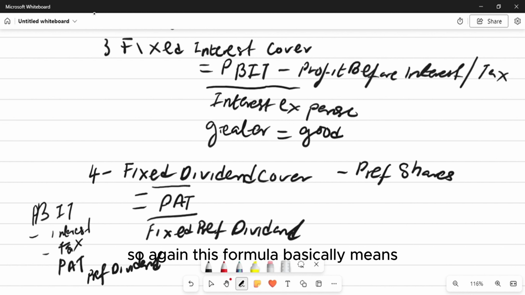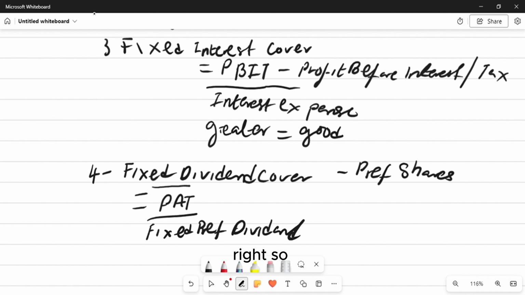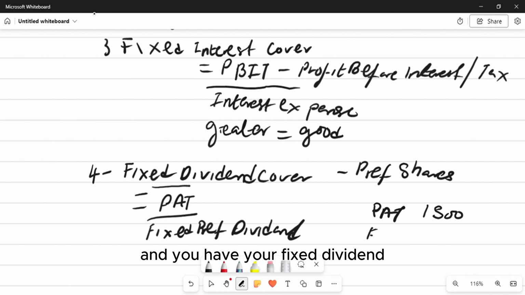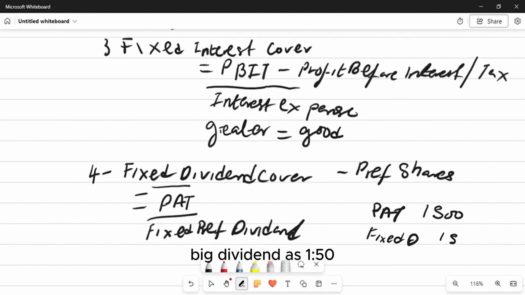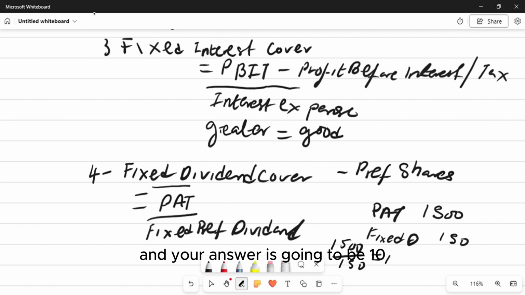So again, this formula basically means to what extent the profit after tax covers our fixed dividend. For example, if you have your profit after tax as 1,500 and your fixed dividend as 150, this is going to be 1,500 divided by 150, and your answer is going to be 10.